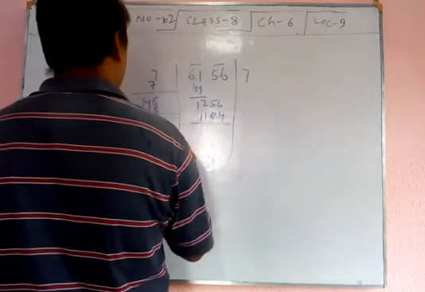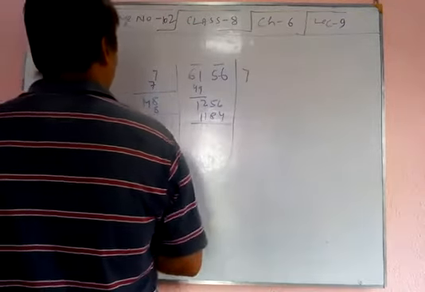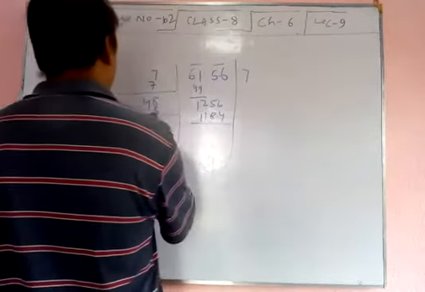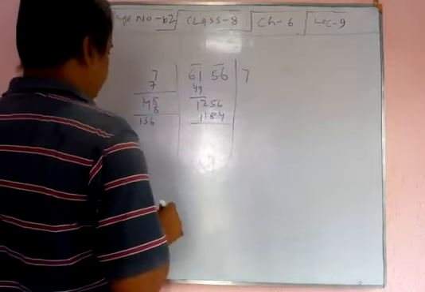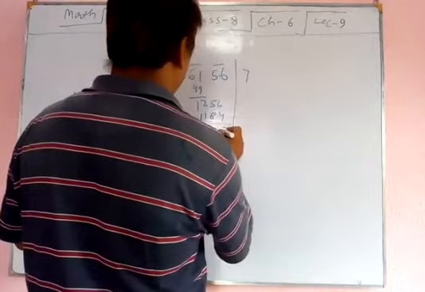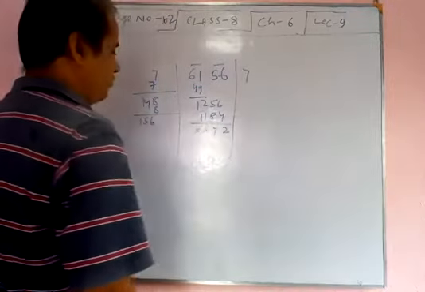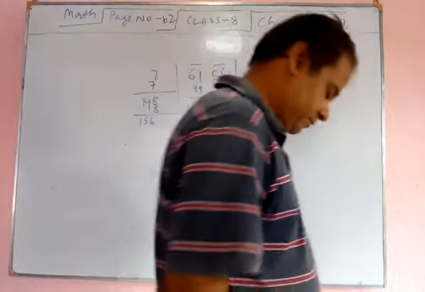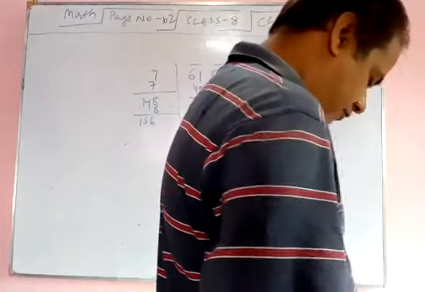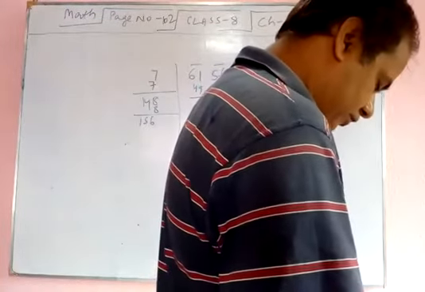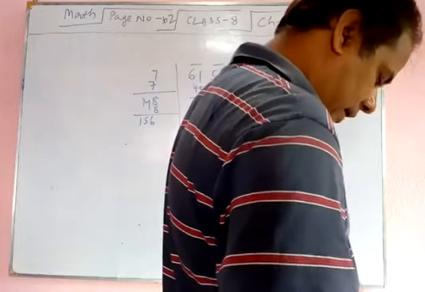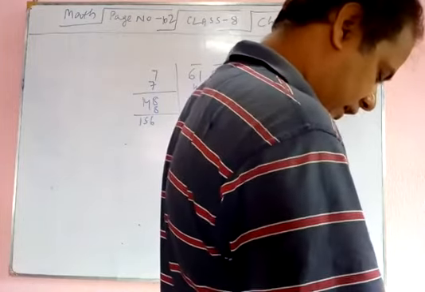So the remainder will be here 156. So the remainder will be here 272. That means we have to find the number which when added to 6156 becomes the square of 79.